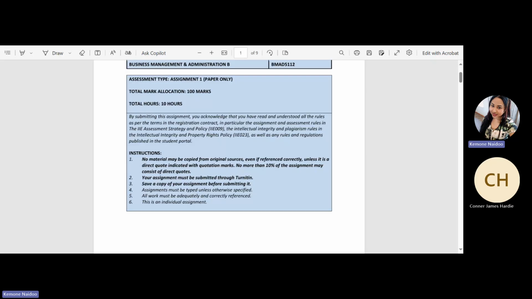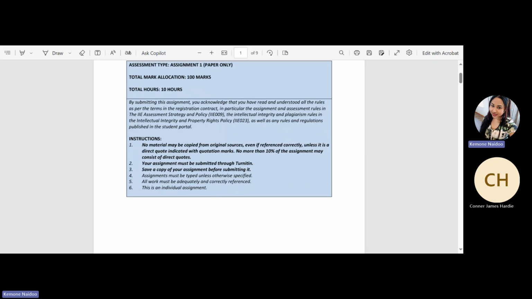Use additional sources. This assignment does require you to use additional sources, and that means things like different research articles. Now, I know that there are students who don't know how to find research articles or are not fully equipped with websites and platforms to go to.